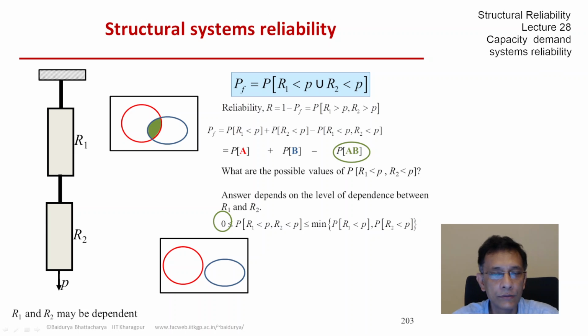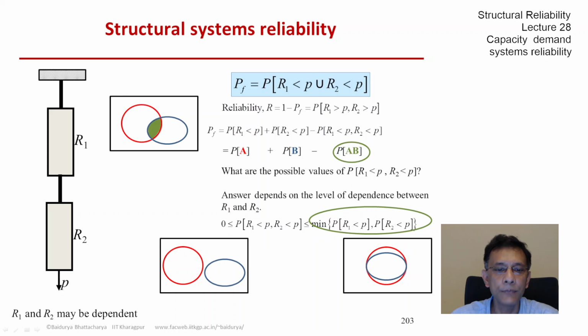To show what this corresponds to in terms of the Venn diagram, the left limit, the 0 value, basically corresponds to the case when A and B are disjoint. So one way of looking at it is that they are negatively dependent. If one occurs, we are sure that the other did not occur. So they are disjoint and very dependent and in a negative manner.